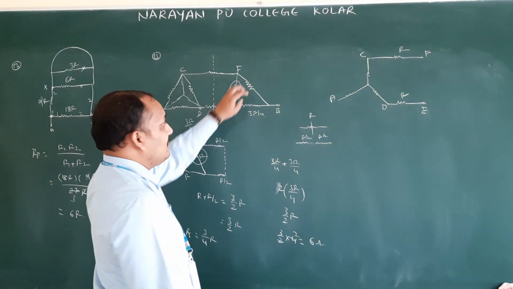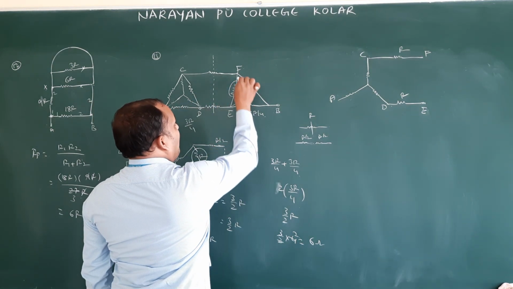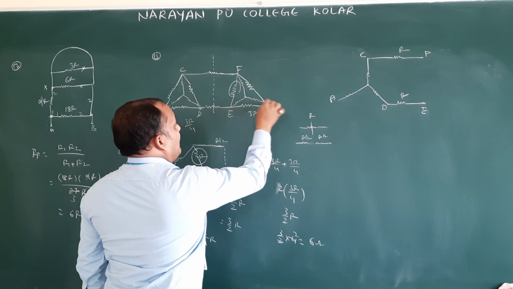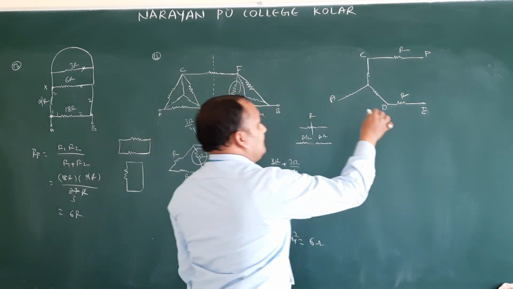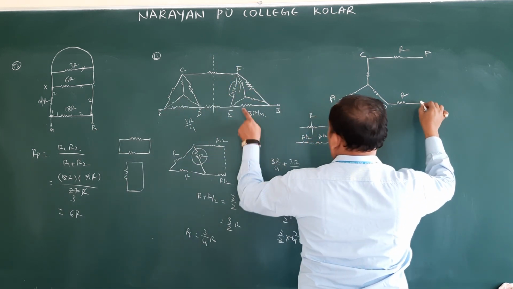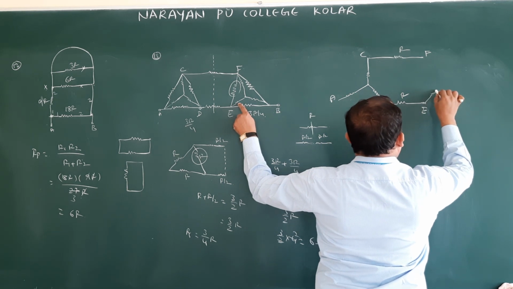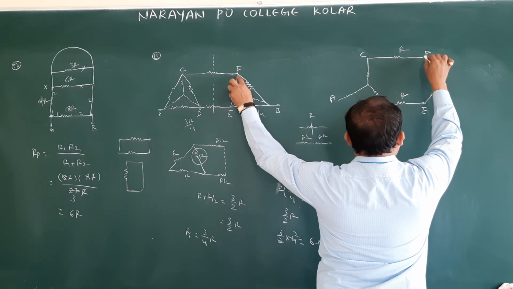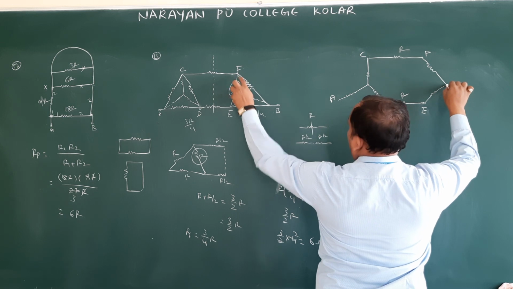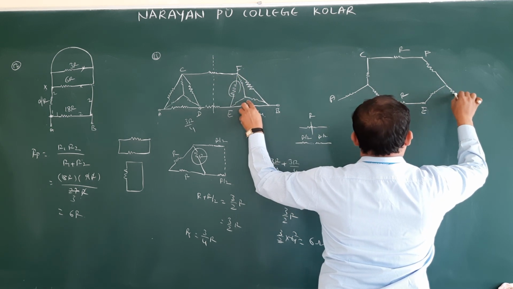Next, this one is also going to become like this. So E, F, B. Next this one.